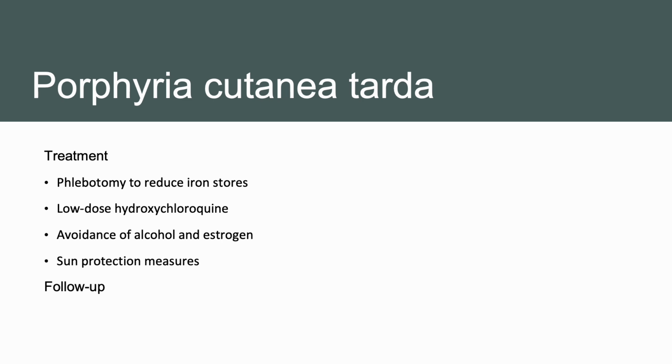Follow-up is important for regular monitoring of porphyrin levels and liver function, with adjustments to treatment based on response and management of any underlying conditions. Patient education includes sun protection and avoidance of triggers.